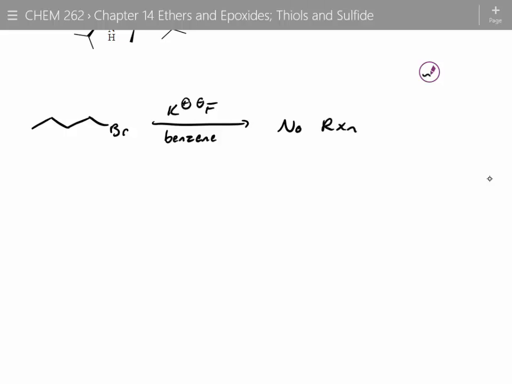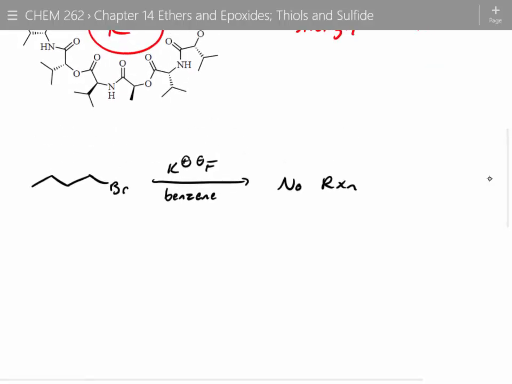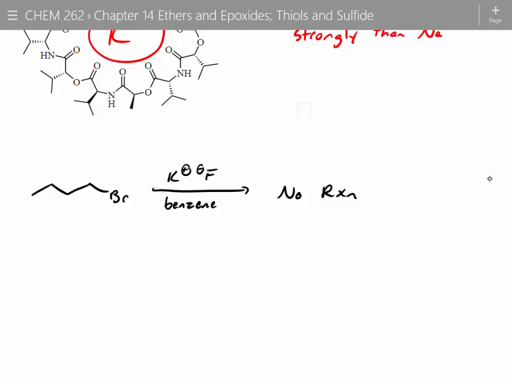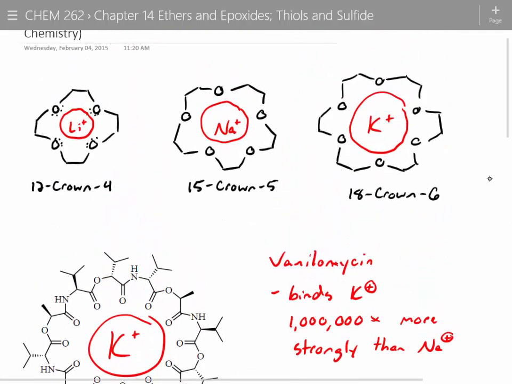Right? Potassium fluoride is just simply not soluble in benzene. Fluoride's a terrible nucleophile. It's not going to happen. We can't displace off that benzene. But what might we be able to add to this reaction in order to make that fluorine or fluoride a better nucleophile? Not vanillomycin. Let's use something cheap that might not kill us if we add too much of it to our gloves or hands.